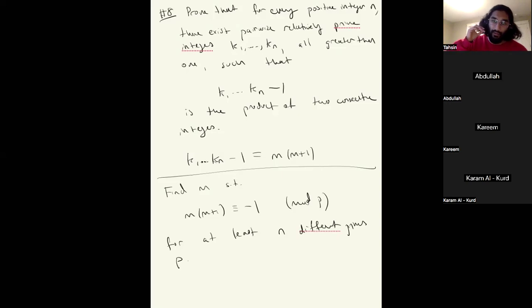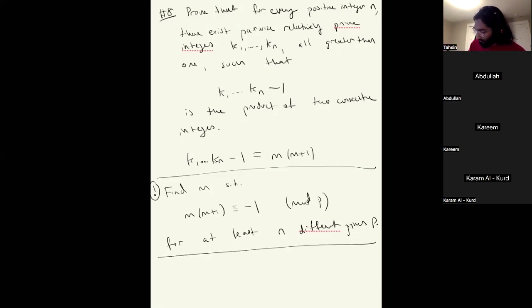And then what? So now what do we do next? We can just start by finding a way to find different primes such that there exists a number m such that m times m plus 1 is equivalent to minus 1. Good, yeah.